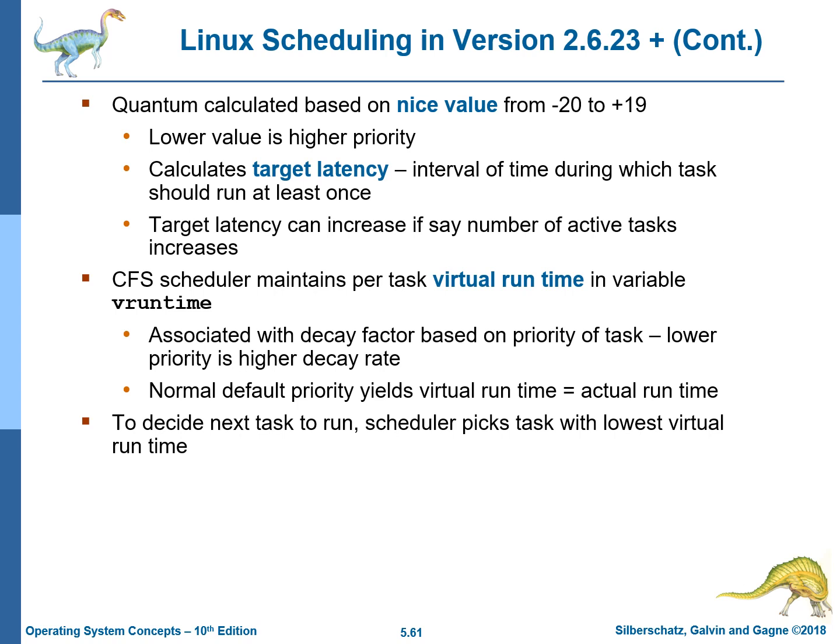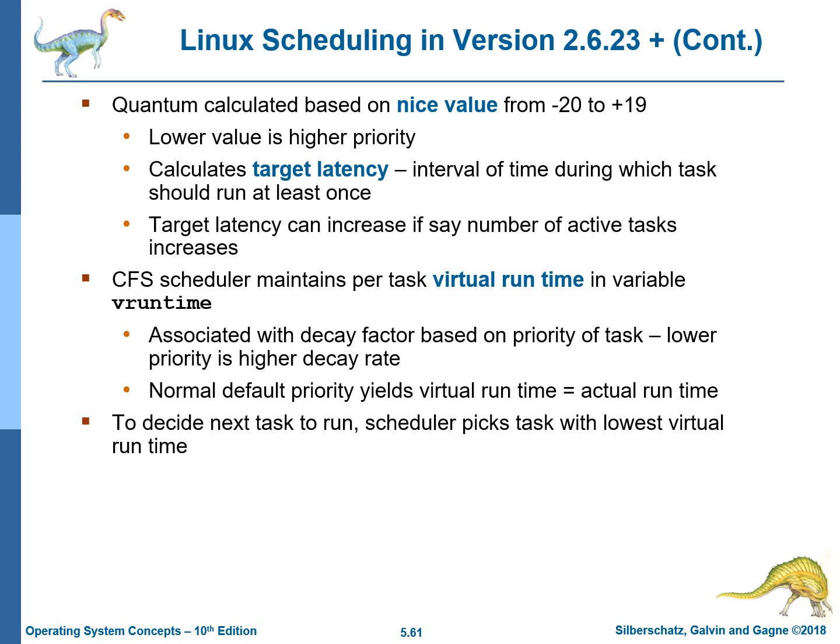It calculates target latency, the interval of time during which a task should run at least once. Target latency can increase if, say, the number of active tasks increases. The CFS scheduler maintains per-task virtual runtime in the variable vruntime. It is associated with a decay factor based on the priority of the task.